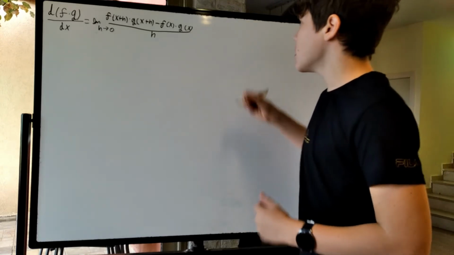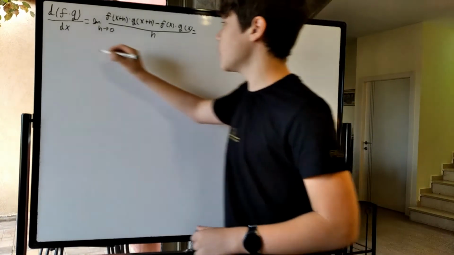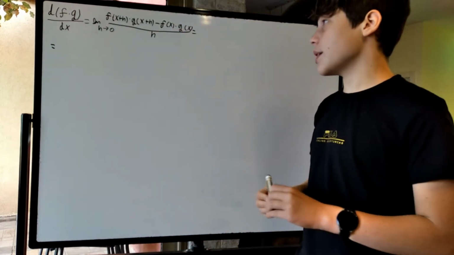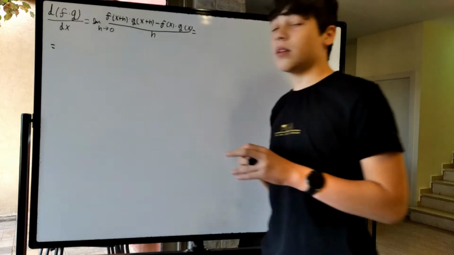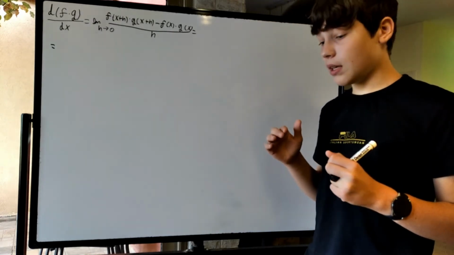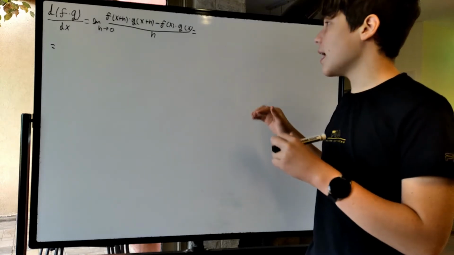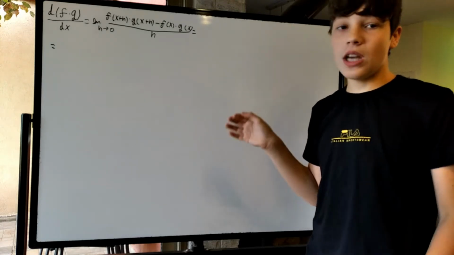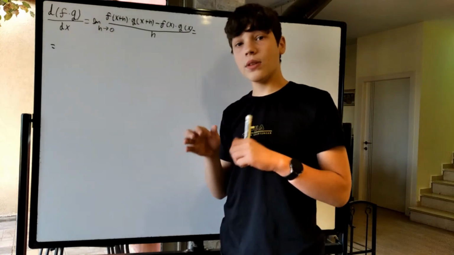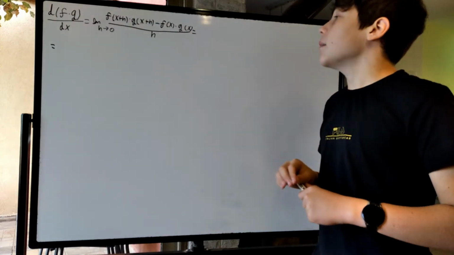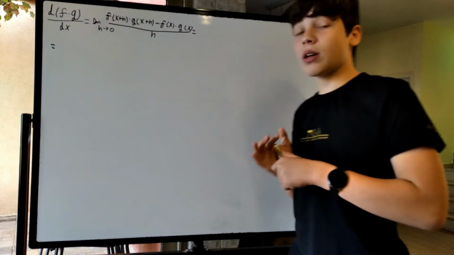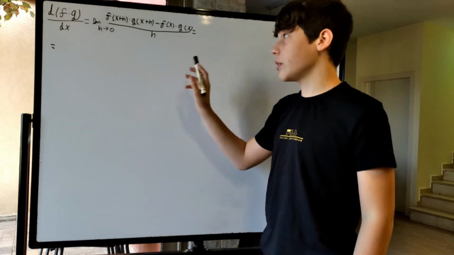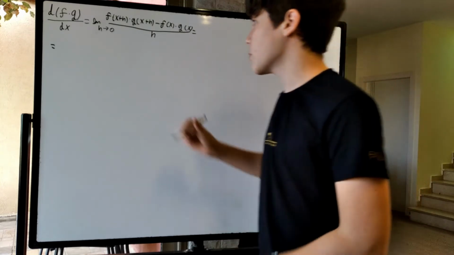Now we're going to use a nice clever trick, because we're looking to separate individually f of x plus h minus f of x and g of x plus h minus g of x, so we can look at their derivatives separately. The clever trick we'll use here is adding and subtracting the same value in the numerator.